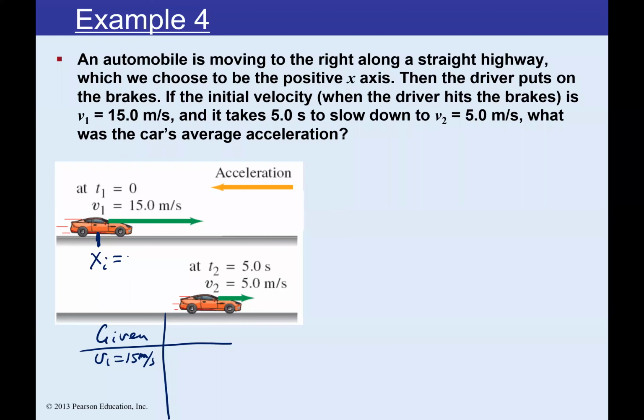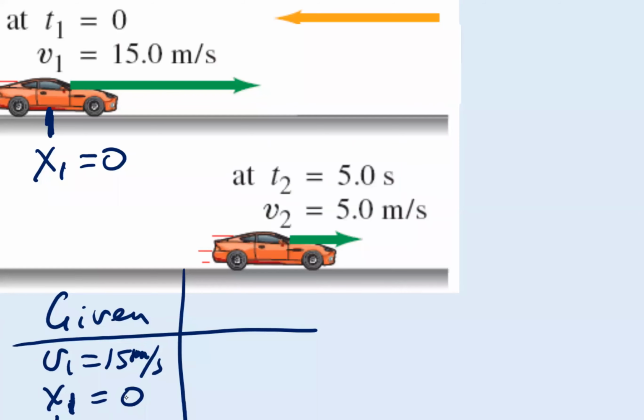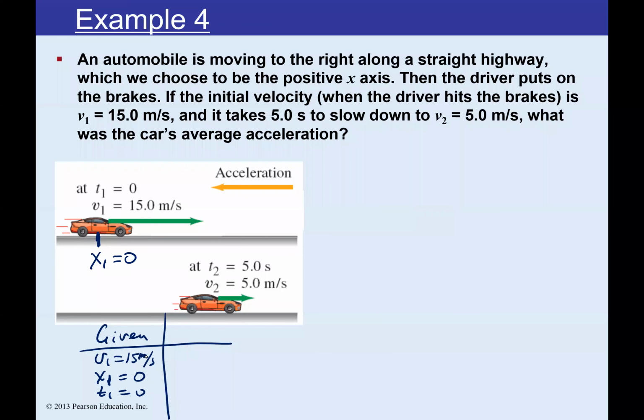We then say, this is my initial position, x initial equals 0, or actually I'm going to put x1 because I'm using 1s and 2s. So x1 equals 0, and then I can say t1 equals 0. Let me move it here.